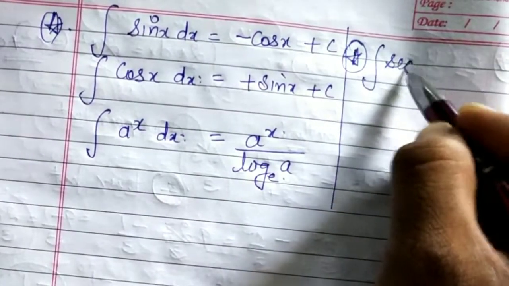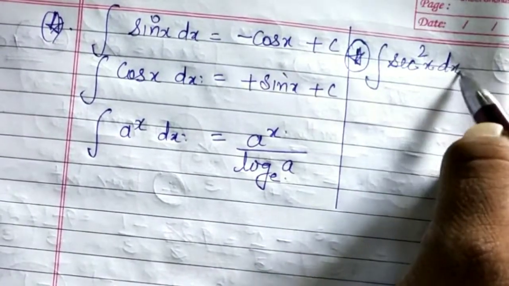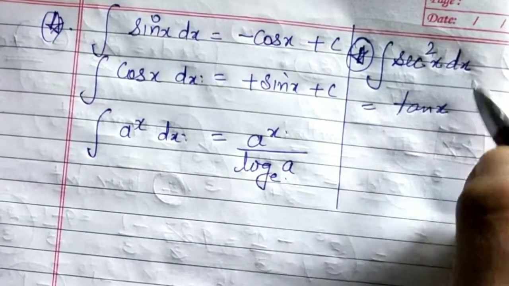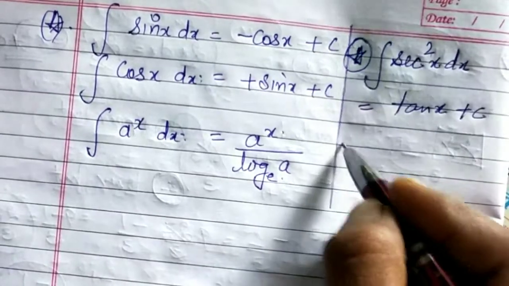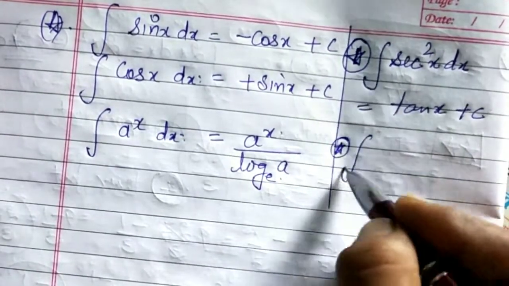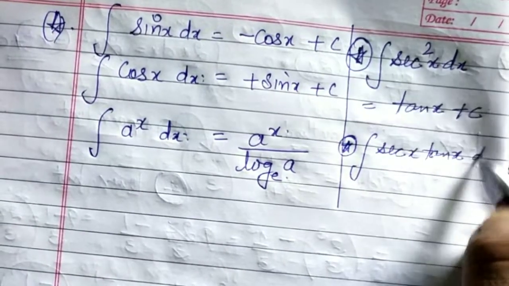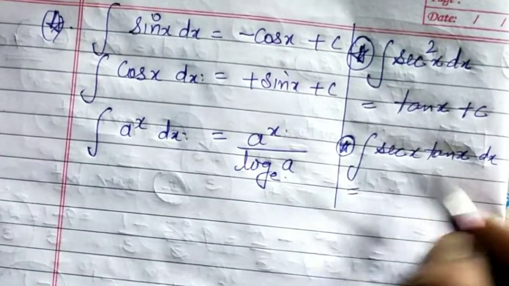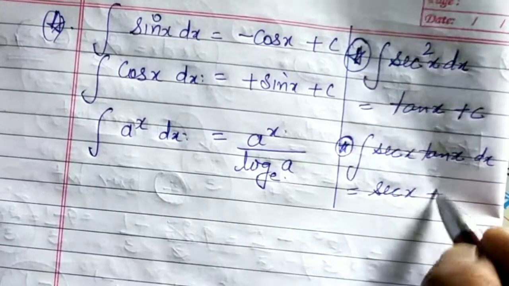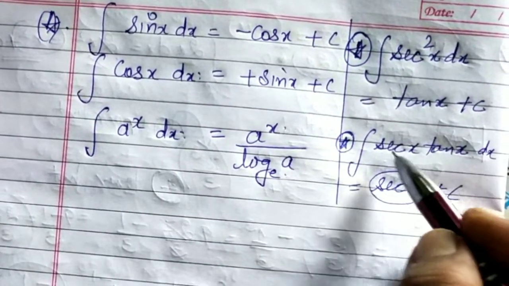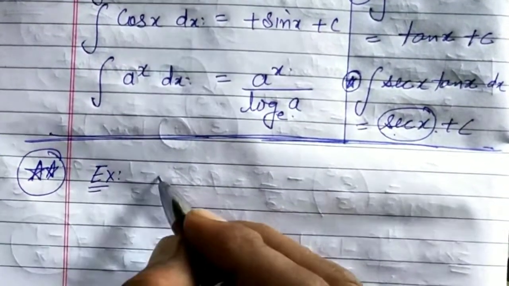Like the integration of secant square x: the differentiation of tan x is secant square x, so the integration of secant square x is tan x. Similarly, the integration of sec x tan x will be secant x, because the differentiation of secant x is secant x into tan x.